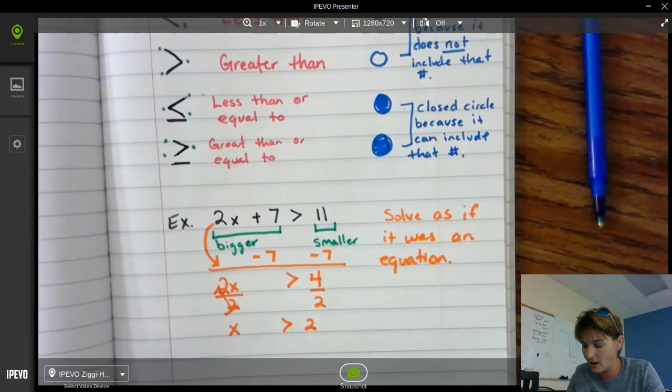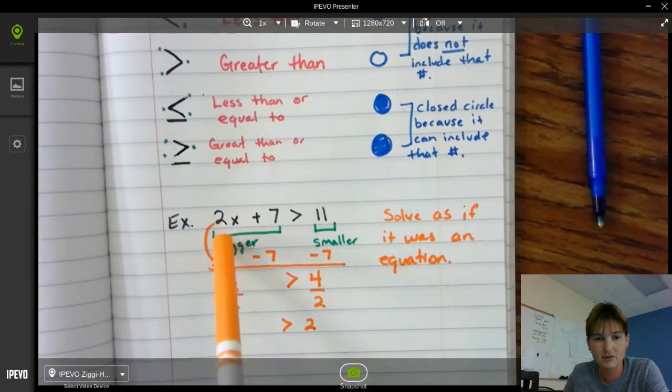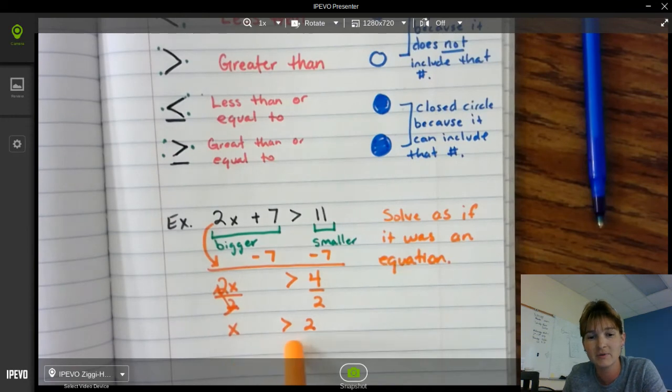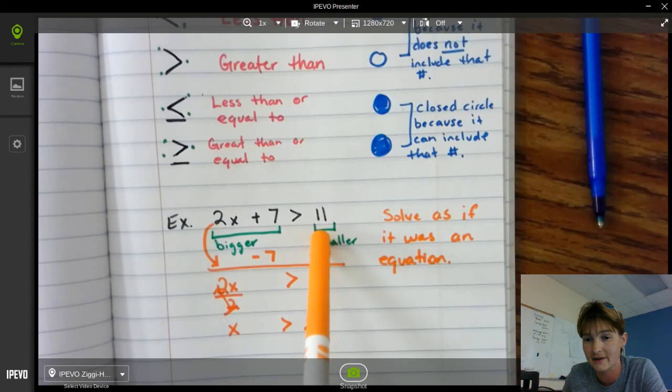Now if we check, we can put 2 in for x. 2 times 2 is 4 plus 7, which is 11, because we solved it like a regular equation. And we're saying that x has to be greater than this 2 because right now it equals 11.